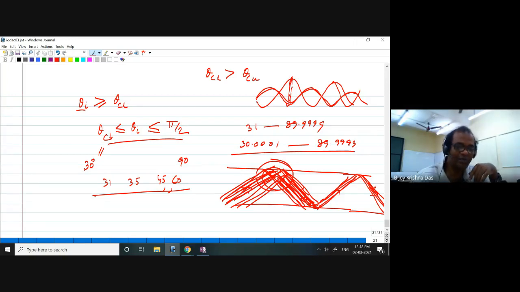So they cancel each other, which means there will be zero energy. But since it is happening in the vicinity of the interface, when two beams interfere destructively, that destroyed energy appears somewhere else.